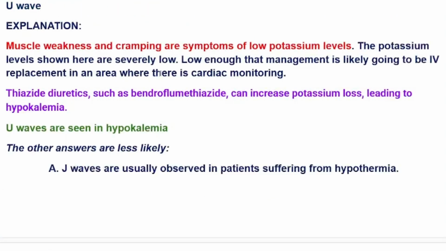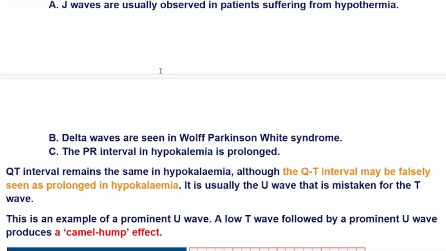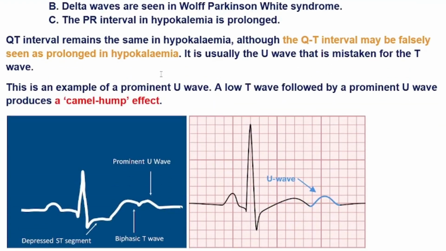PR interval is not shortened, but it's prolonged in hypokalemia. QT interval remains the same in hypokalemia, although the QT interval may be falsely seen as prolonged in hypokalemia, as we have here U wave, and thus the QT interval may be falsely seen as prolonged.